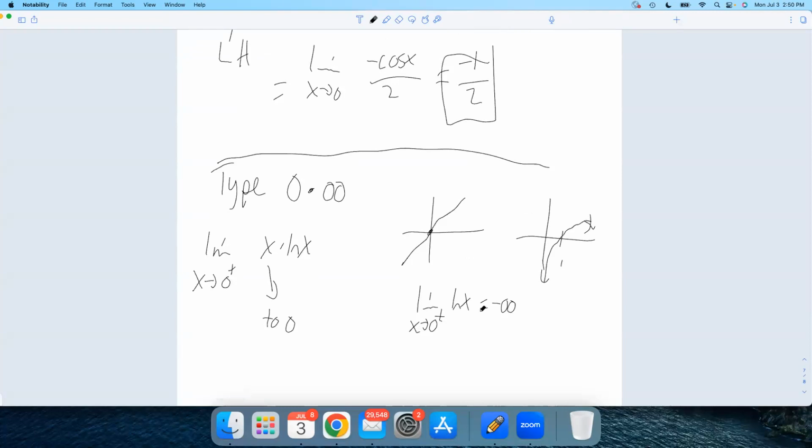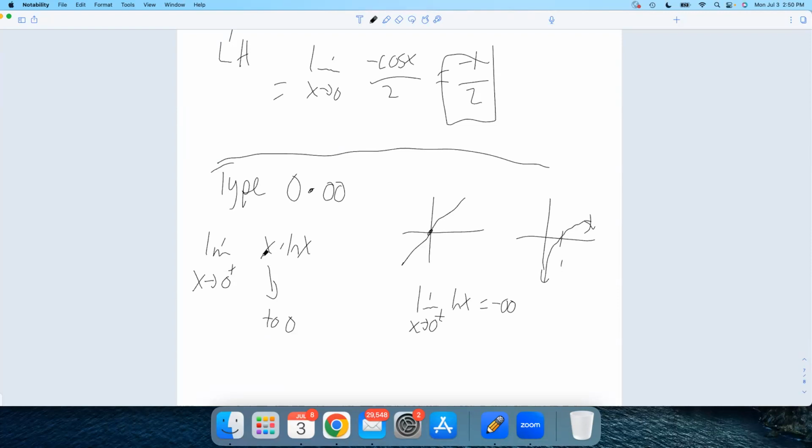And remember, of course, that's not a real equals. This is an abusive notation to say that this function, as I approach 0, tends to negative infinity.